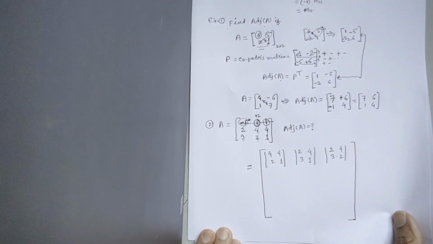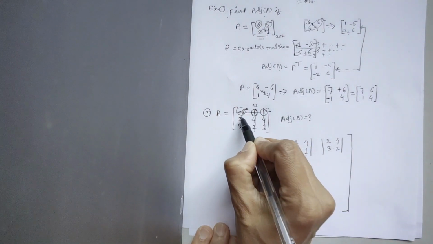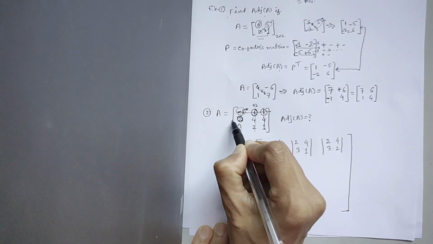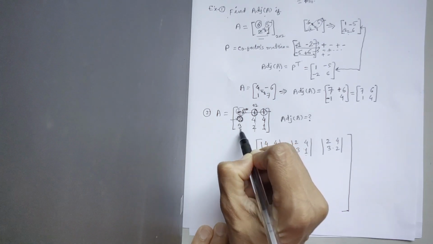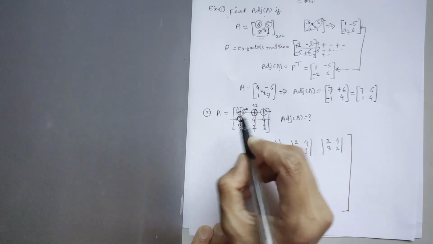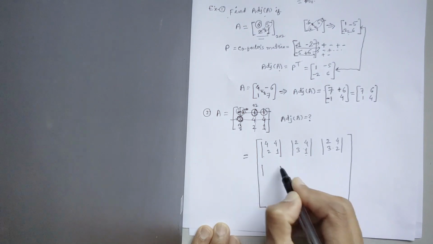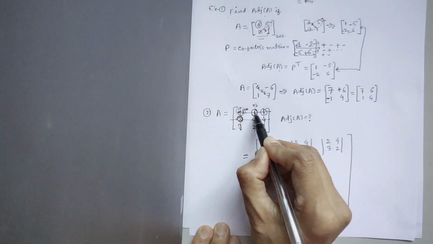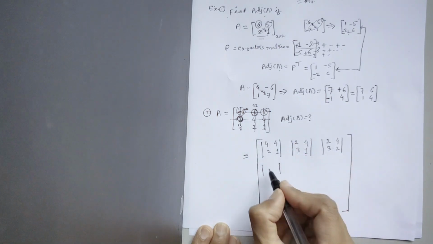Now for the next element, what is the position of this 2? Second row, first column. So just eliminate the first column and second row. What elements remain here? I get 1, 1, 2, 1.